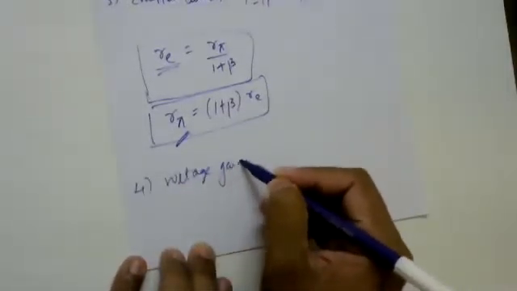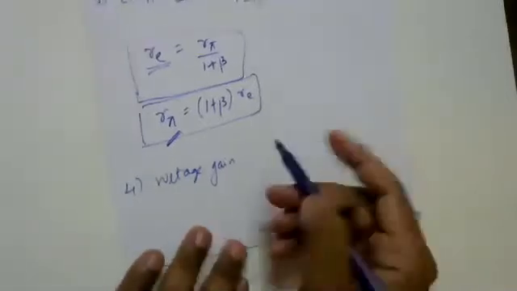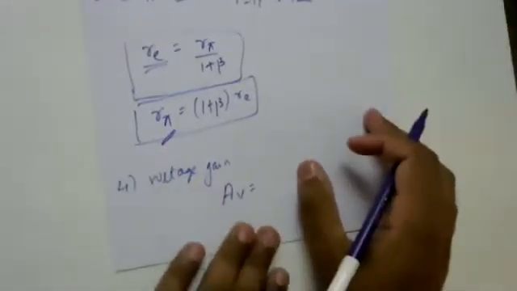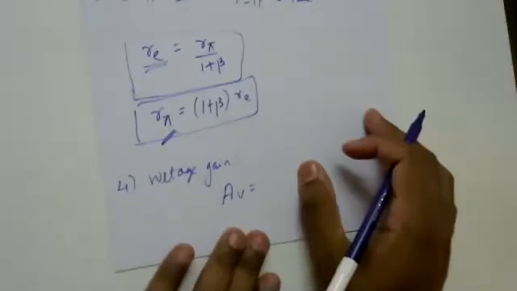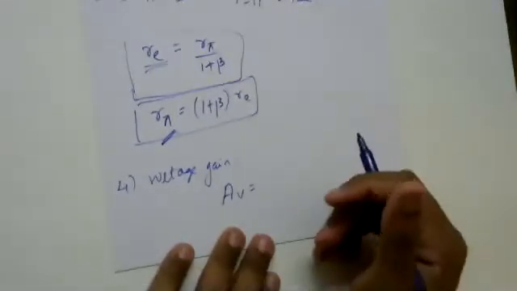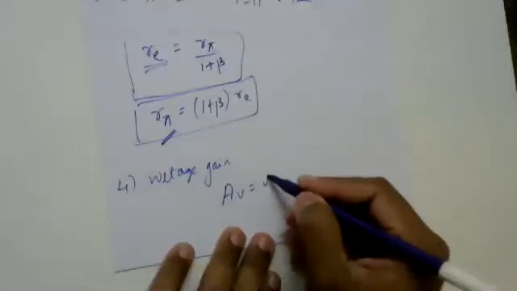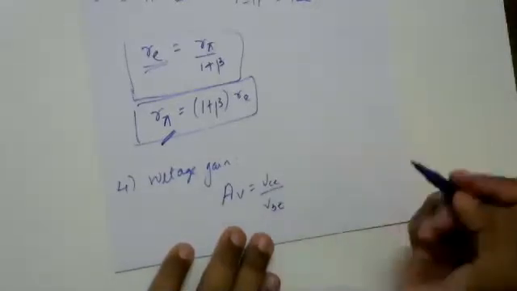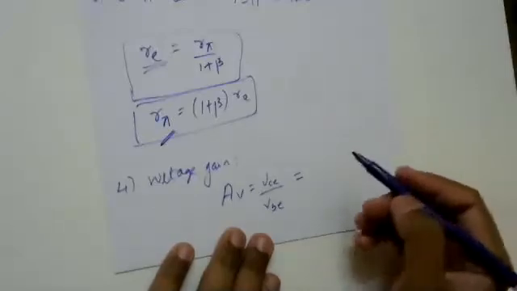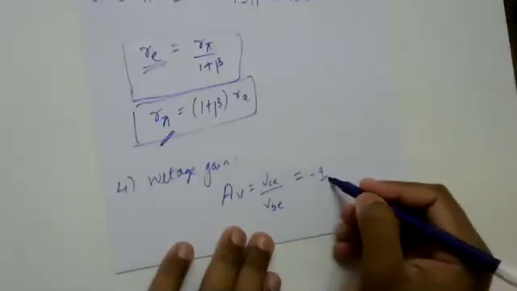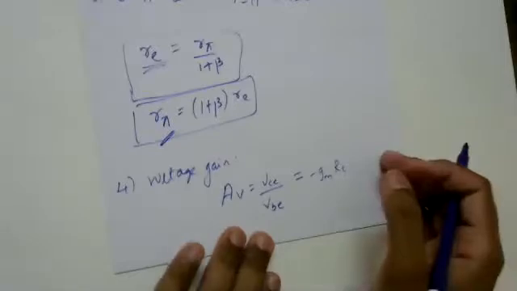The voltage gain is defined as output voltage by input voltage, where the output voltage is VCE divided by the input voltage VBE, and this can be defined as minus gm into RC.